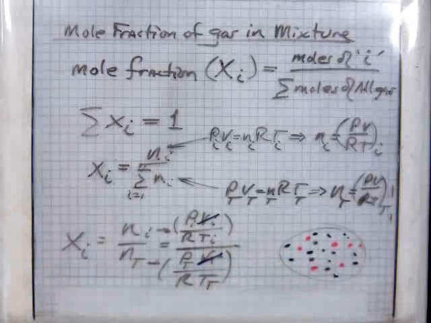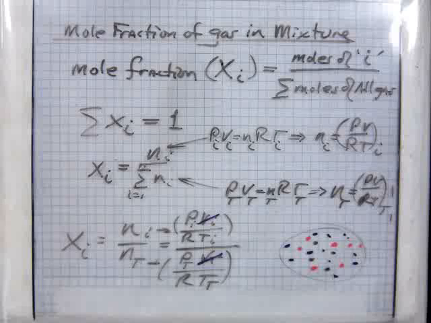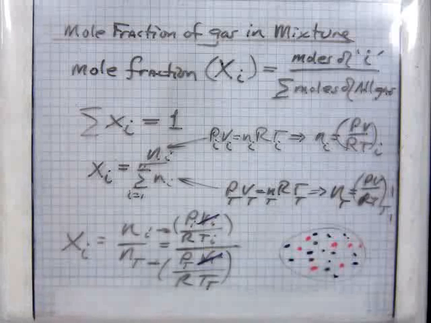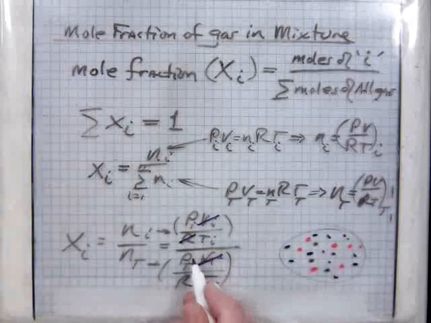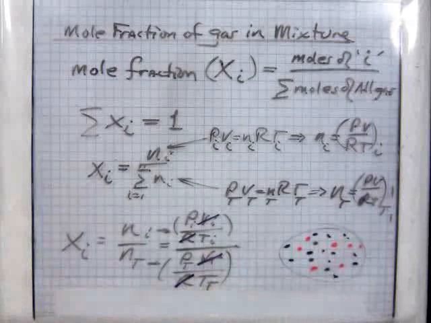You don't have any distinction for individual component gases having a certain volume. No, they all are in the same vessel. Also, the R value is, of course, constant, and you can cancel that out.